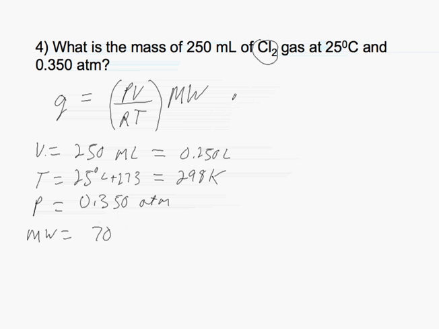So we substitute everything back into the equation. We would get pressure 0.350 times our volume, which is 0.250, times our molecular weight, which is 70, divided by our ideal gas law constant, which is 0.0821, times our temperature of 298.